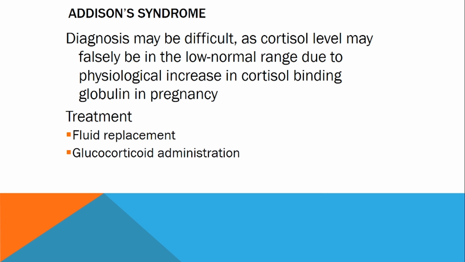Diagnosis may be difficult as cortisol level may be low or in the low normal range due to the physiological increase in cortisol binding globulin in pregnancy, which is giving a false impression of an appreciable level of cortisol. So treatment is essentially by fluid replacement and glucocorticoid administration.